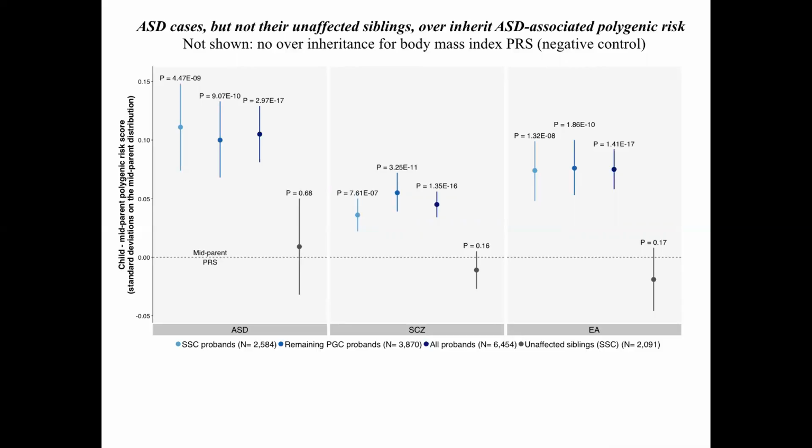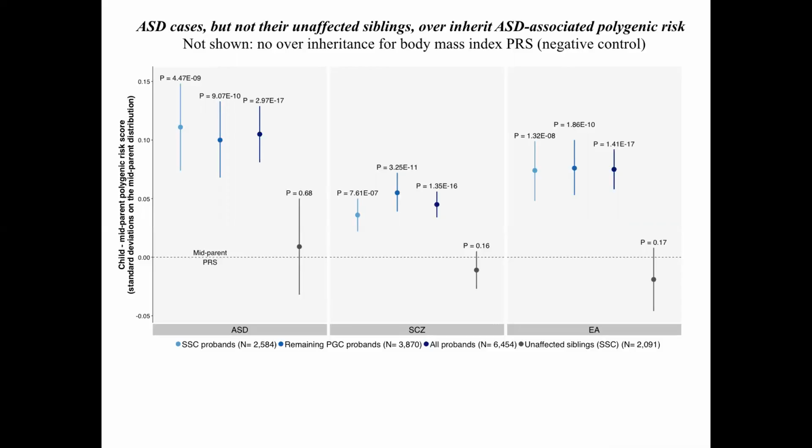So again, what we see here is clear, unconfounded evidence for the association between these classes of polygenic risk and being an ascertained autism case. And not shown here is the negative control that we performed using BMI polygenic risk.